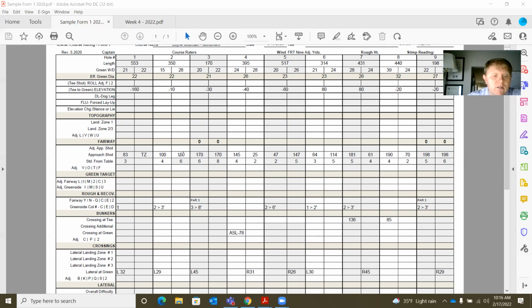But that also means we need to reevaluate this standard table value, because it might not apply anymore. So if on our second hole here we have a layup of 20 yards and then 50 for here, that layup is going to require us to make an adjustment to these yardages, right? So 150 and 170.